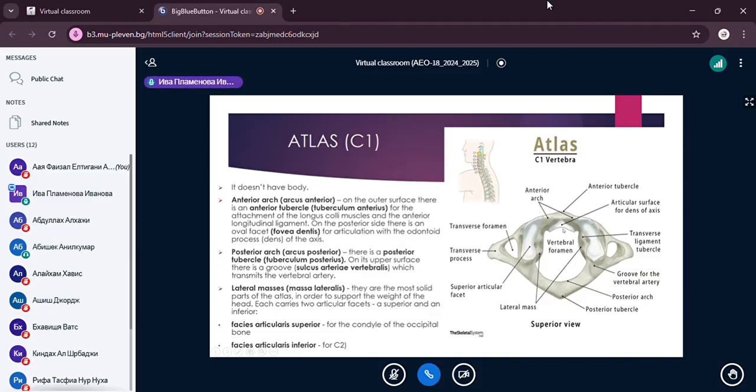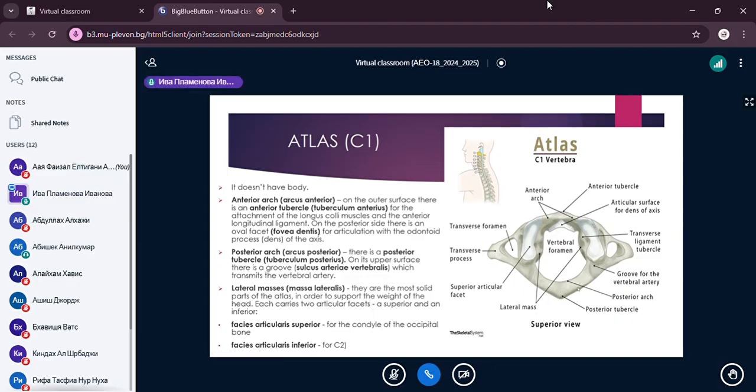The anterior arch is shorter than the posterior.